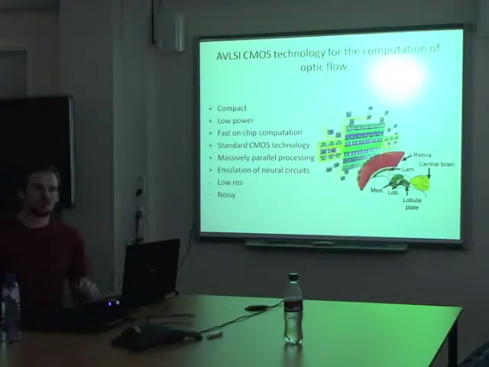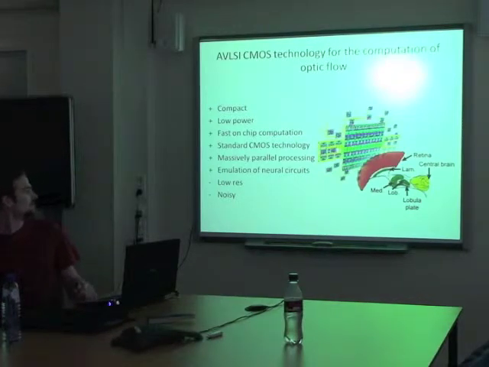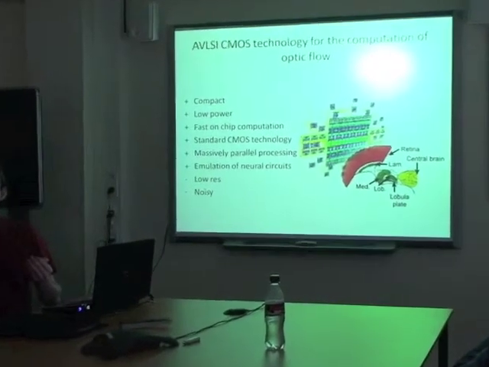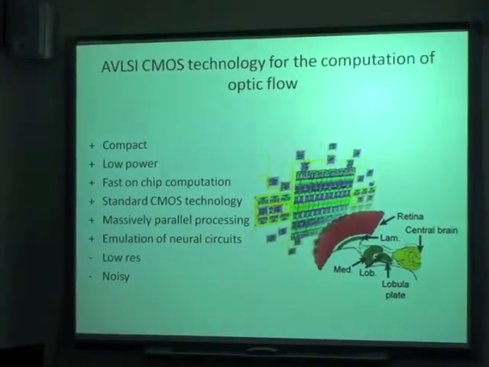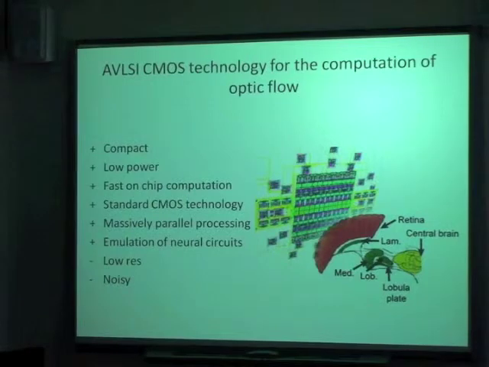So coming to the chip, why this technology that we suggest is interesting and why this is biomorphic also. AVLSI CMOS technology allows building compact, low-power, fast sensors, and also very biomorphic from the point of view that this kind of technology allows very highly parallel computing, as we know that neural circuits do.